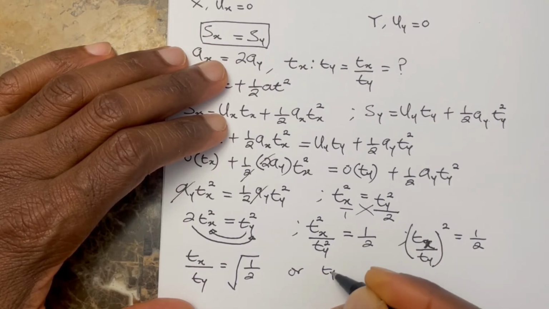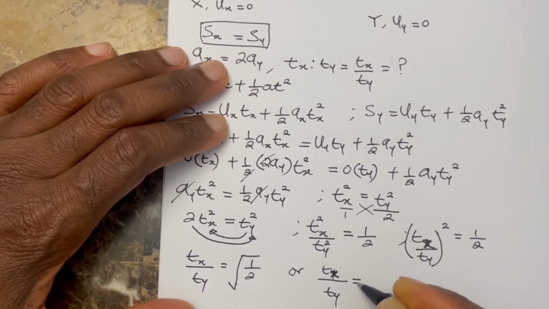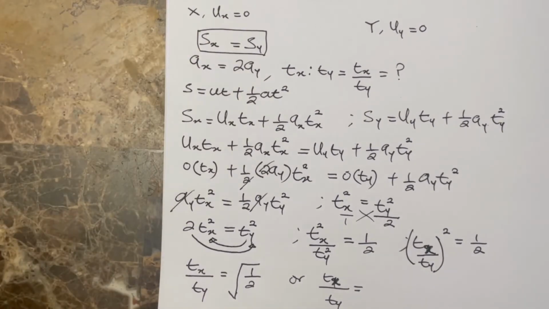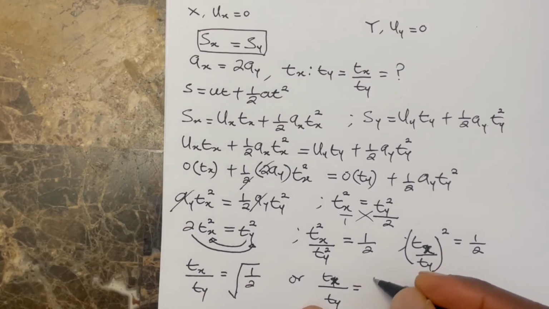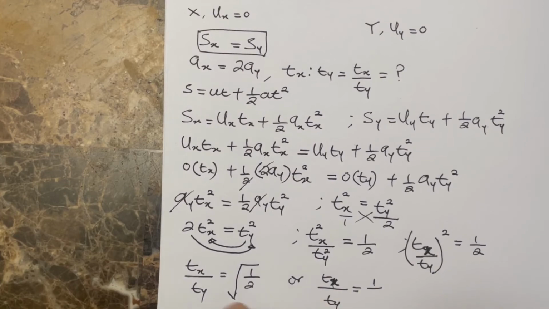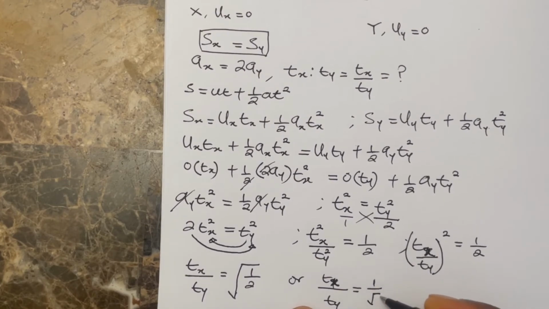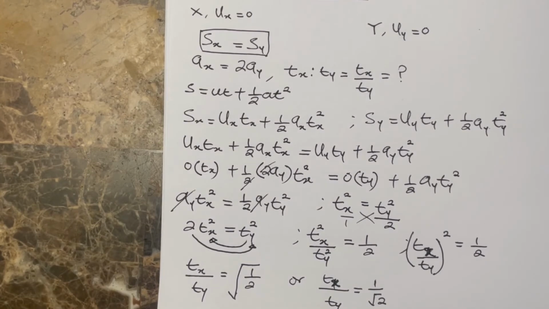tx over ty is equal to, now, according to SOLD, you can separate these two by saying the square root of 1 is 1, yes, and the square root of 2 is square root of 2. So you see, I applied indices here and applied SOLD here.